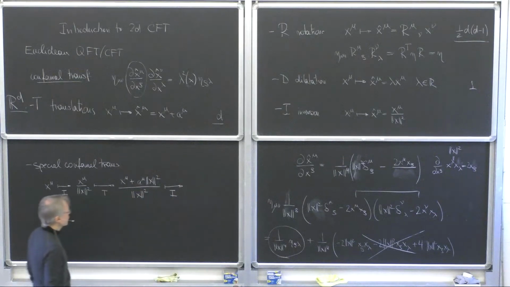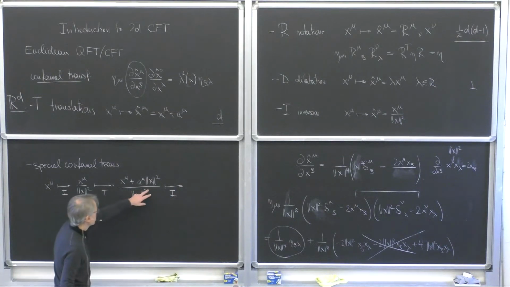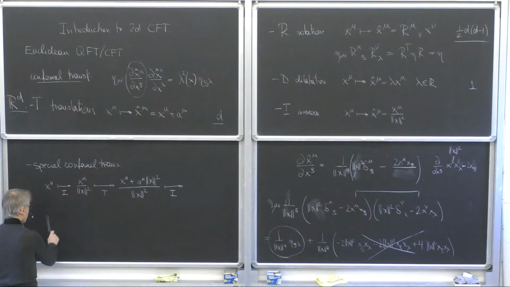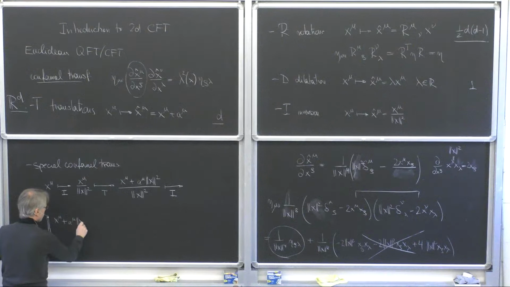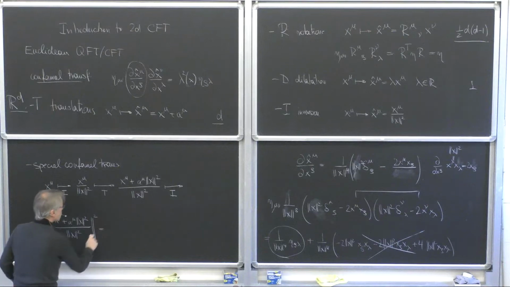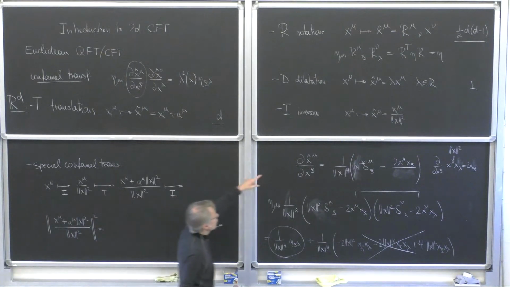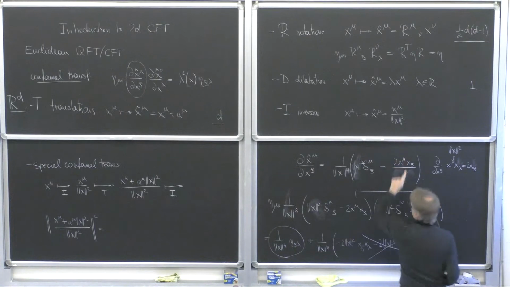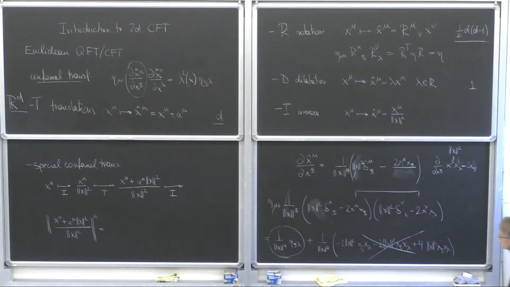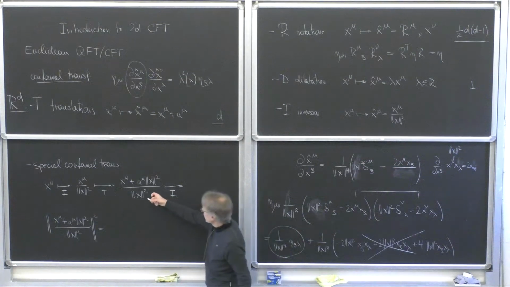So when I invert this again, I have to calculate the norm of this guy. So what is the norm of x mu plus a mu times x squared, divided by x squared? Because the inversion instructs me to take the vector and divide it by its norm squared, I have to work out the norm squared of this vector.